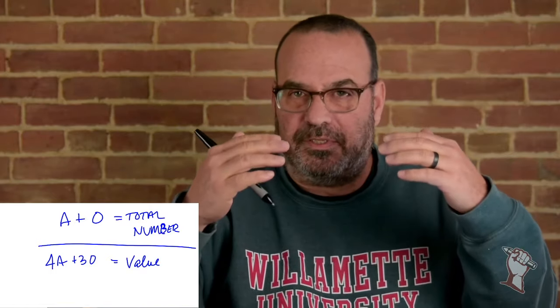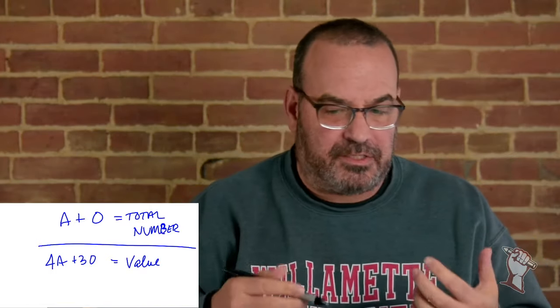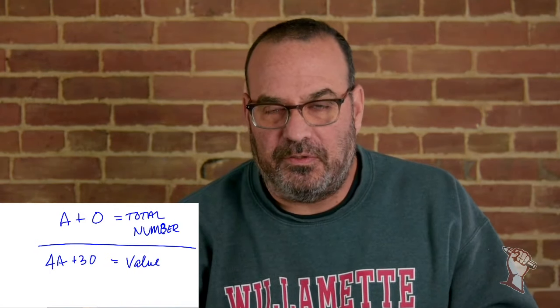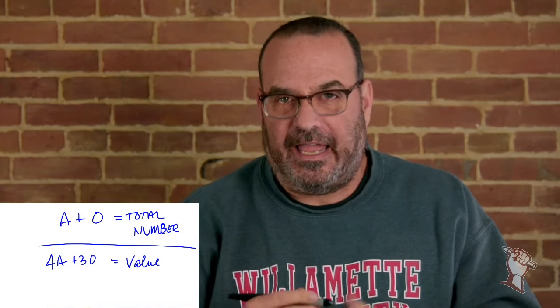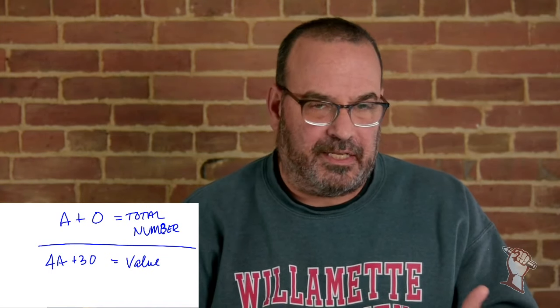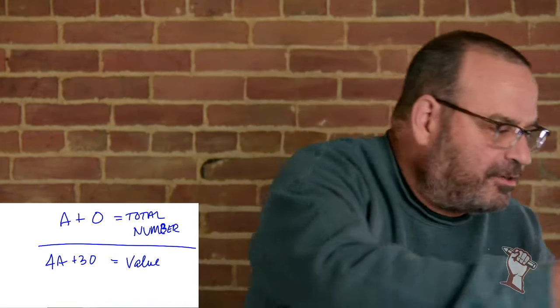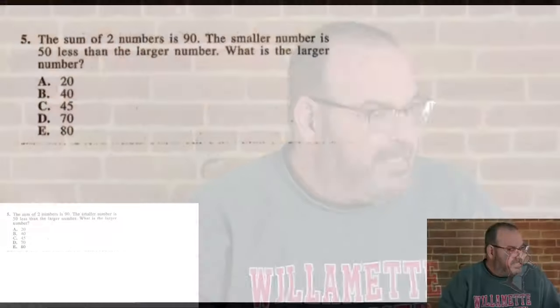What you have to do is set up a system of equations from the words that they give you. The best way to do this is practice. I have lots of worksheets on them. I have many examples, and I just picked out a few for tonight to go through on 8:30 Prep, as well as to send out to students later when they're studying. So let's go through it.